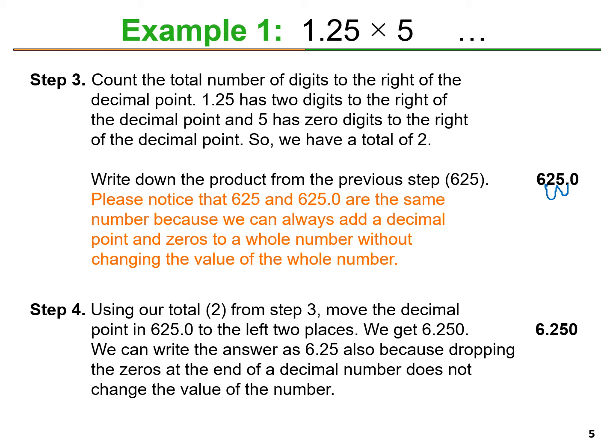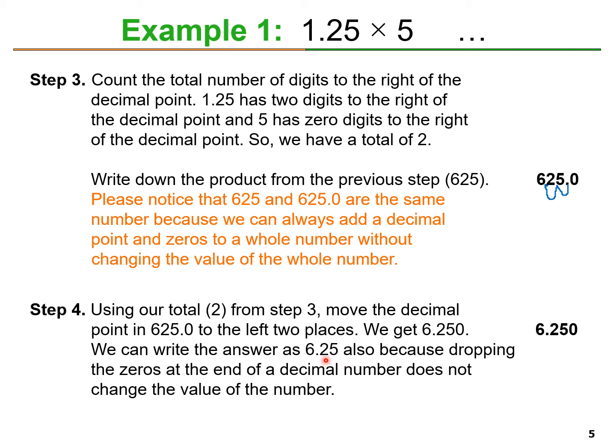That's why down here the decimal point is between the 6 and the 2. Now, our final answer can be written as simply 6.25 because dropping the zeros at the end of a decimal number does not change the value of the decimal number.